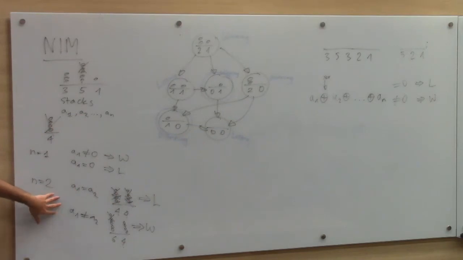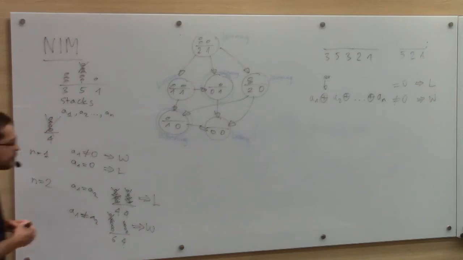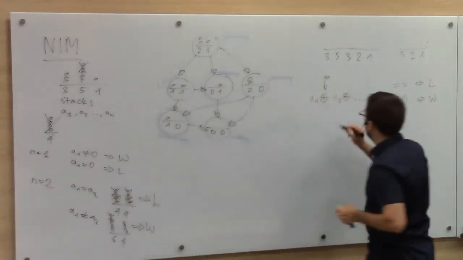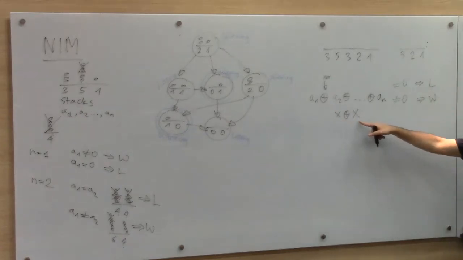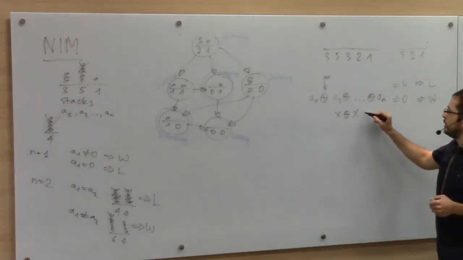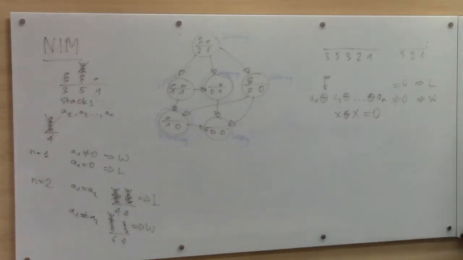And with n equal to 2, the XOR has this nice property that if we take two identical numbers and XOR them, we get 0.